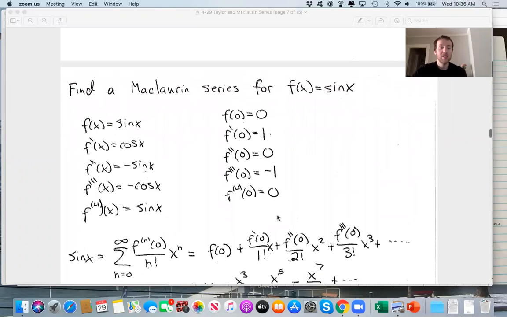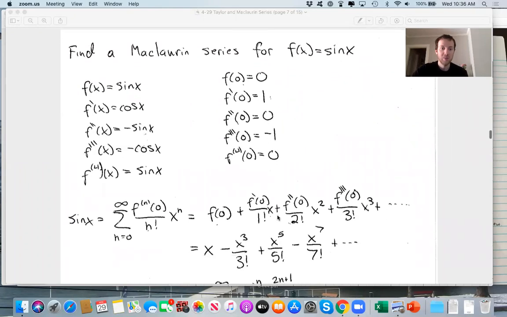So if we want to write this as a series, we have this formula for its Maclaurin series, which written out is f of 0, plus the first derivative at 0 over 1 factorial times x, plus the second derivative, 0, over 2 factorial times x squared, and so on.